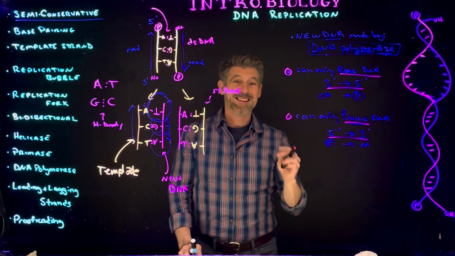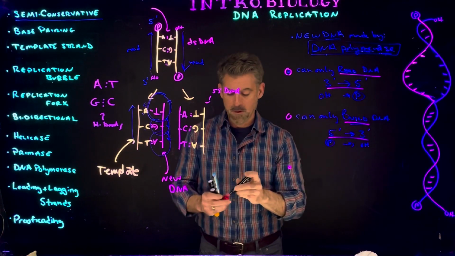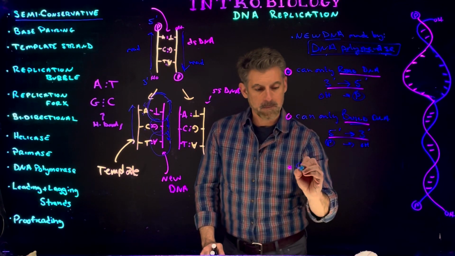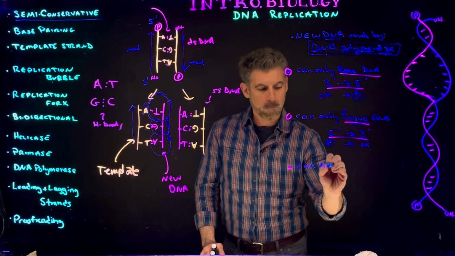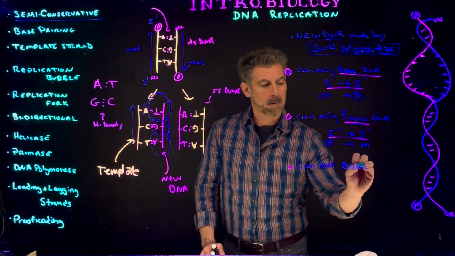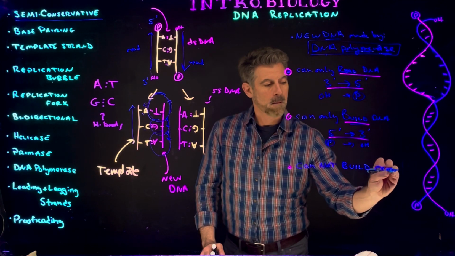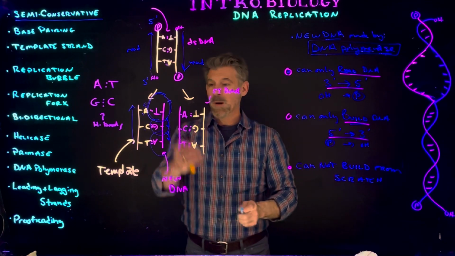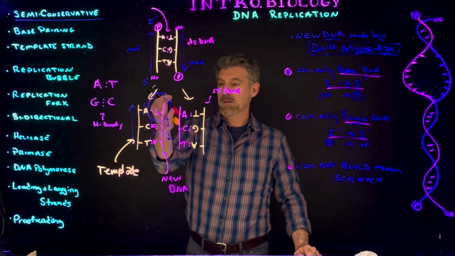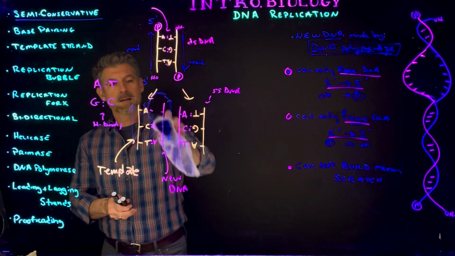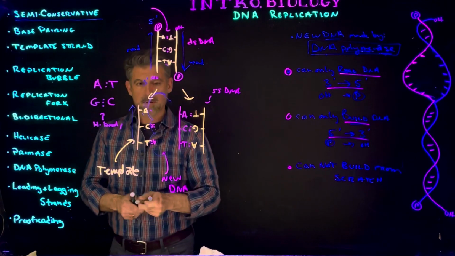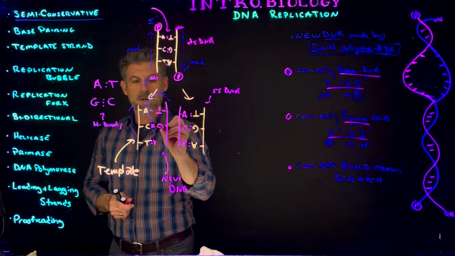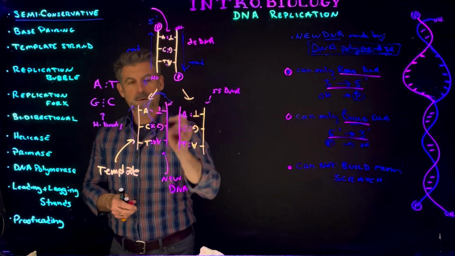First two important rules. The next rule, also very important here: it cannot build from scratch. Well, what does that mean? So what I did here was building from scratch. There was nothing there at all. And I just wrote down T, and then I added to that, say with the G and then the A. But the key was the first one that I added there.